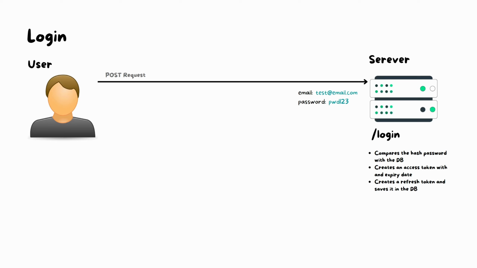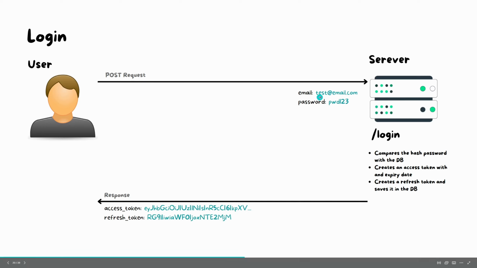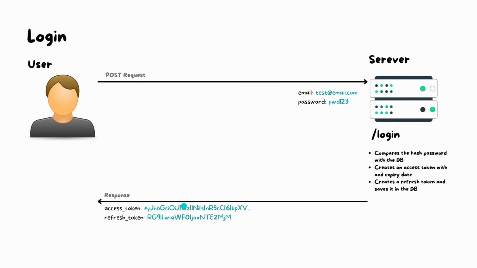For example, Facebook, you don't use the email and password every time you go to Facebook. Refresh token takes care of those annoying login processes. Right. After that, when you send a post request to the login with email and password, it returns the access token and the refresh token. You can save these tokens in your local storage or anything on the front end side.